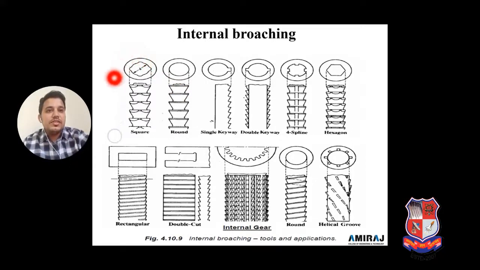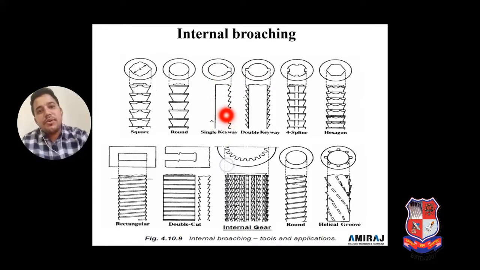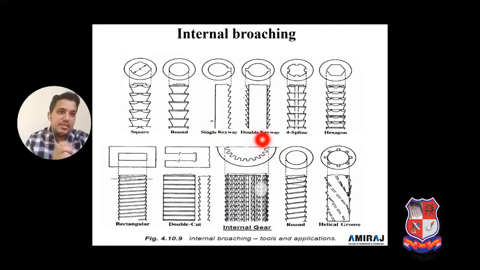Have you observed this kind of shape, this is the square, you can observe here, this is the cross section area, round with single keyway. So when we are applying any shaft or joiner, at that time if you want to provide a slight keyway, then we are using one kind of single point cutting tool, a hacksaw type blade. There is a double side keyway, so we are using double side hacksaw type blades.